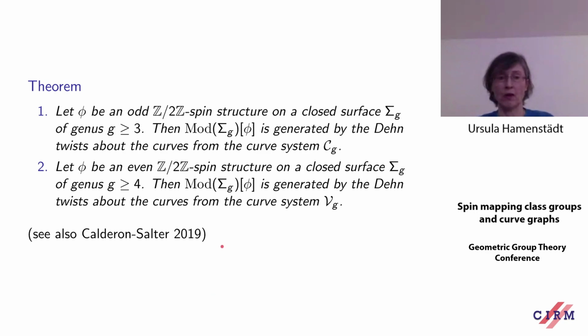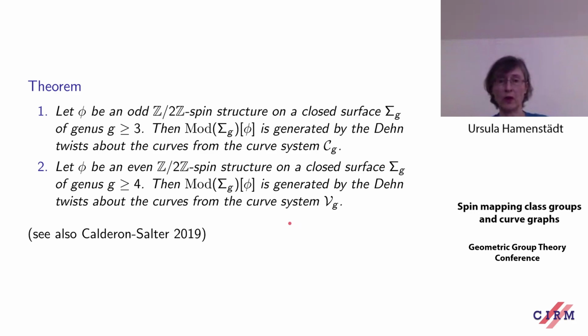A version of this result is due to Calderon and Salter, who had a different system of generators for the spin mapping class group, starting in genus 4 to 5. You may wonder why the second statement only holds true for even spin structures on a surface of genus at least 4.